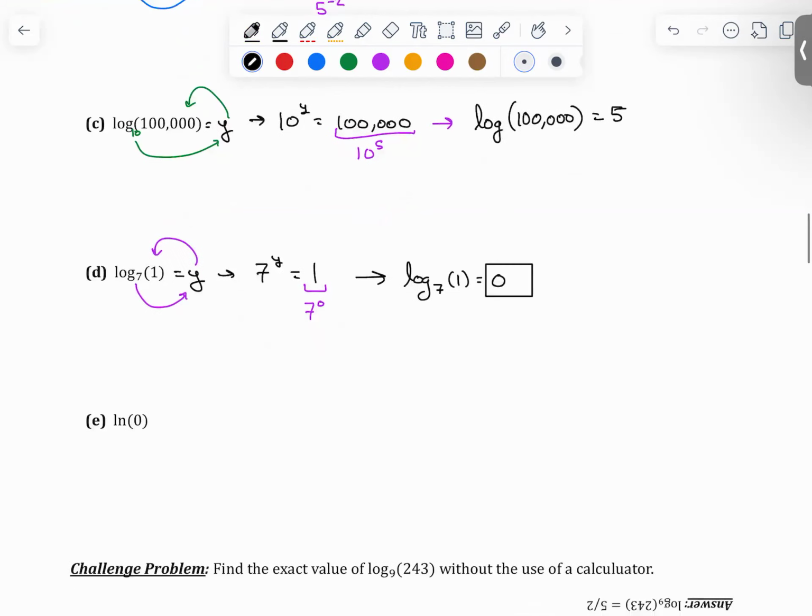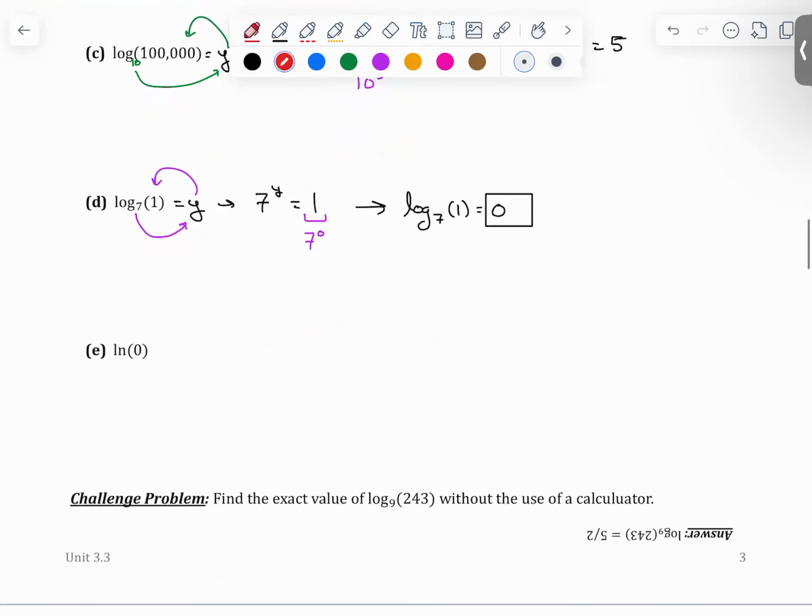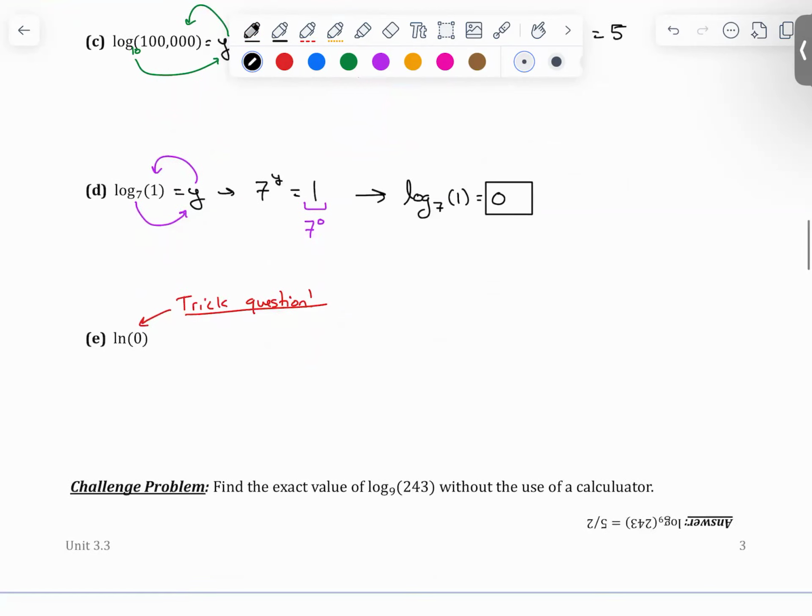Last but not least is natural log of 0. But this is actually a trick question. We can try to do what we've done, and we'll see why this is a trick question. So that's natural log of 0, but natural log is the log base e, so there's an implied e here. And so we're going to make this equal to y. We're going to assume that it could be done. Then move across the equal sign, back over. You'd get that e to the y is equal to 0.